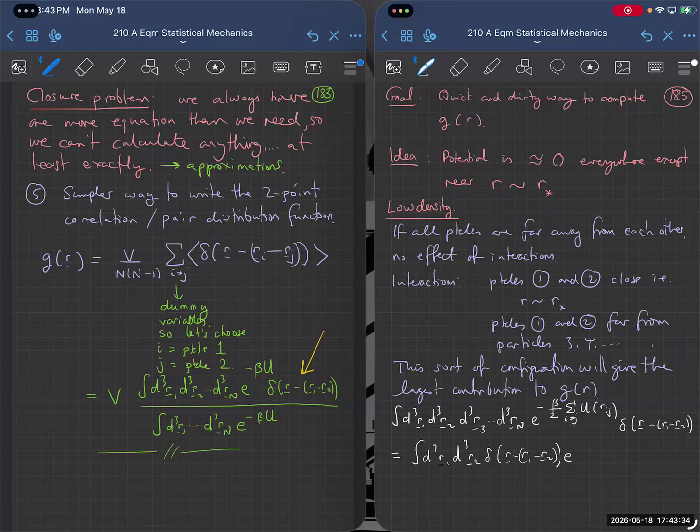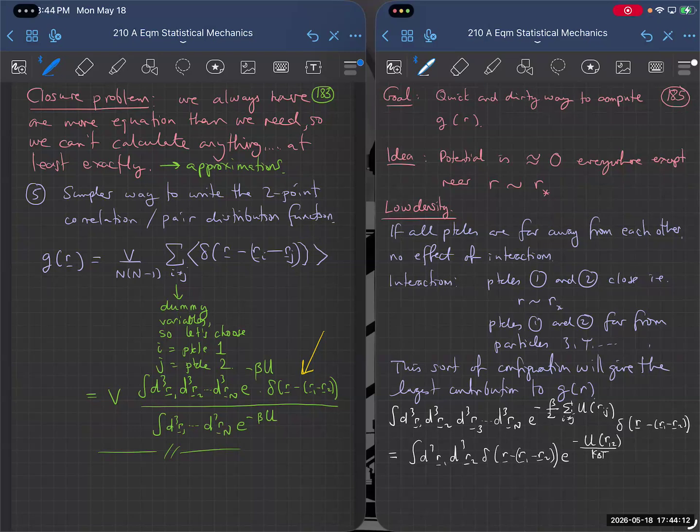And then the only term in the sum, in the potential, is the term between particles 1 and 2. So I have that. Well, there's a 2. Where did my 2 go? I don't think it should be there, so I'm going to take this 2 out.